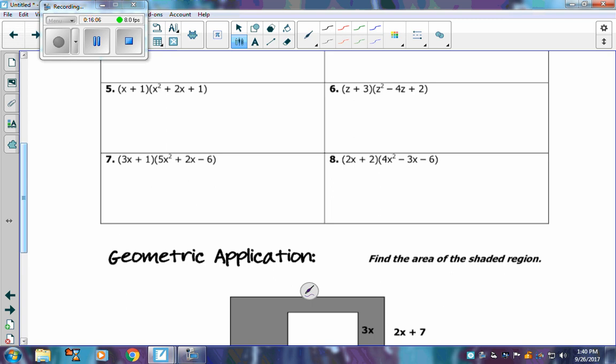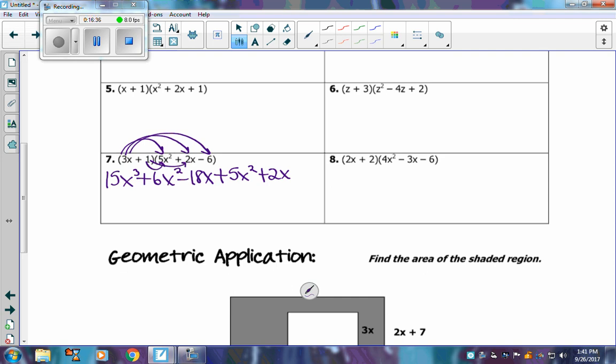Okay, we're going to start by distributing the 3x. 3x times 5x squared. 3x times 2x. And 3x times negative 6. Okay, now do the same with the positive 1. 1 times 5x squared. 1 times 2x.